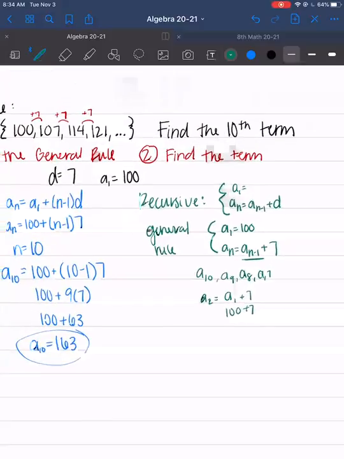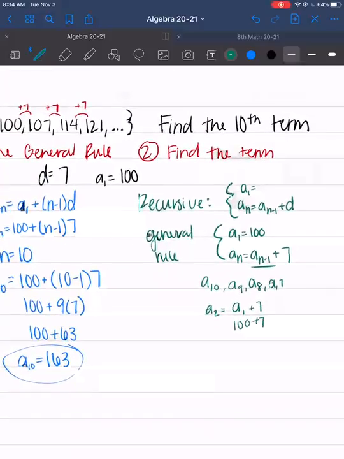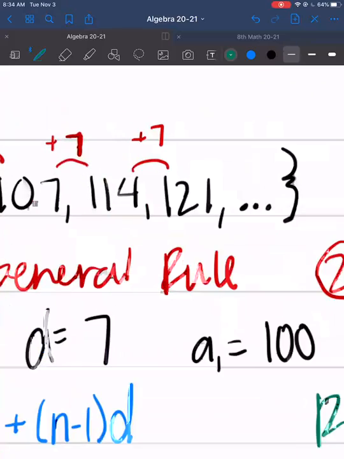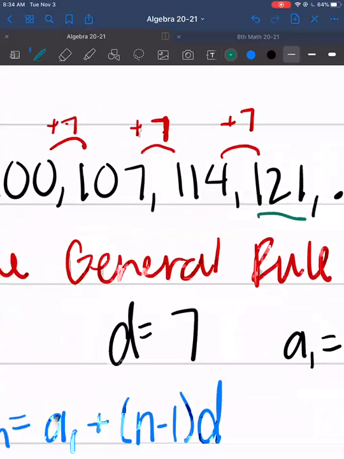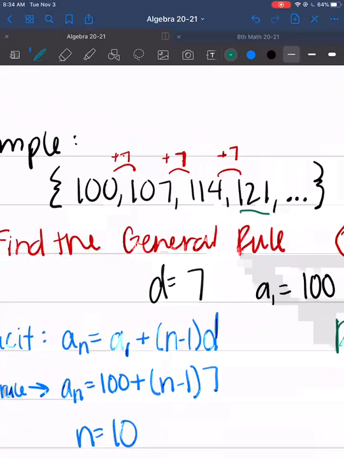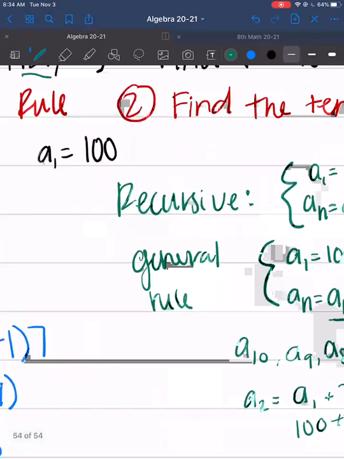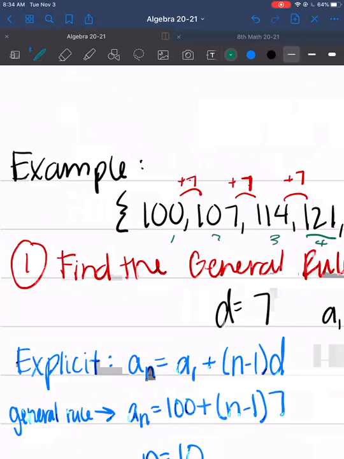If you have to do it in recursive form, start with your last value. What number in our sequence is that? That's 4, right? 1, 2, 3, 4. So 100 is our first term, 107 is our second, 114 is our third, 121 is our fourth term.